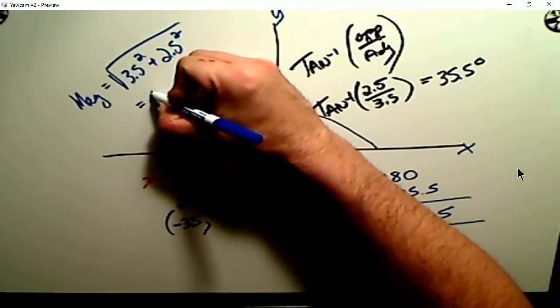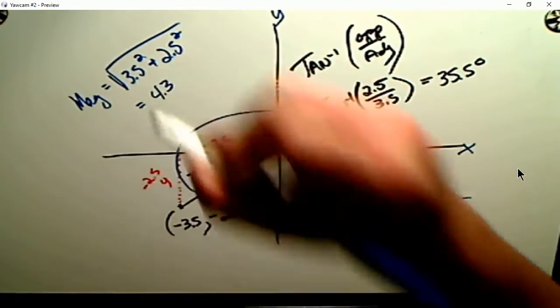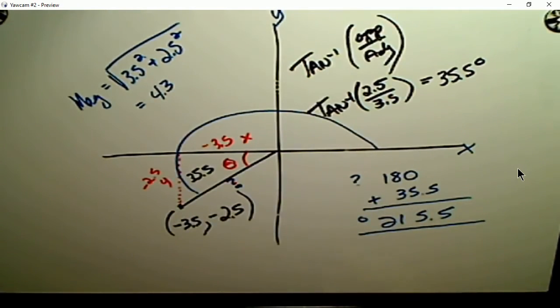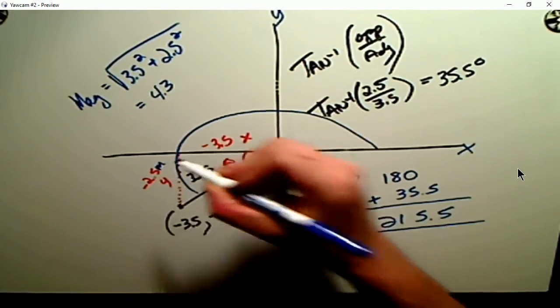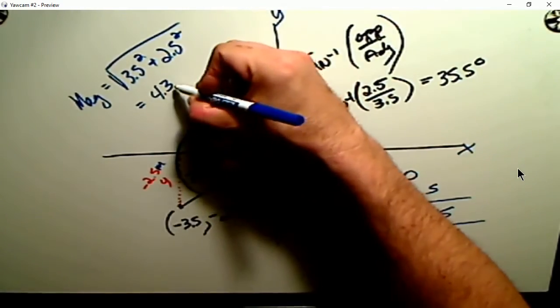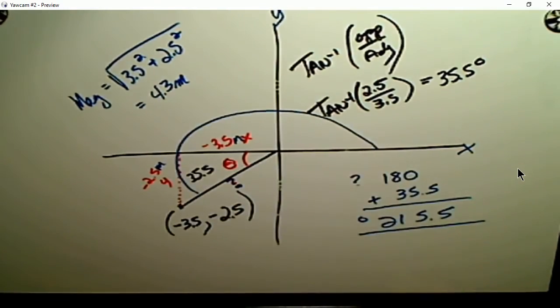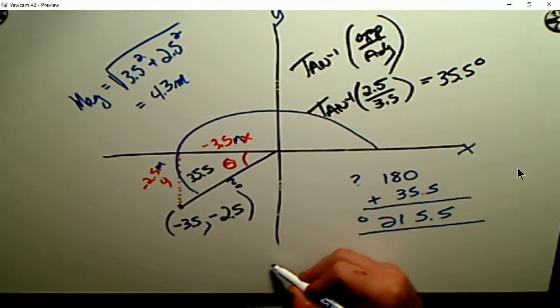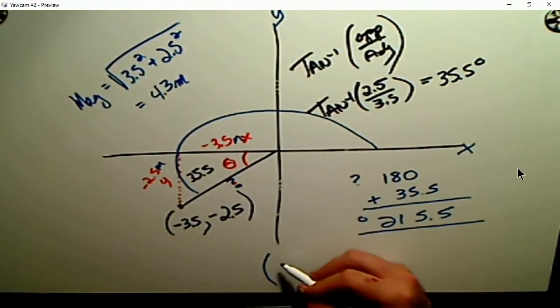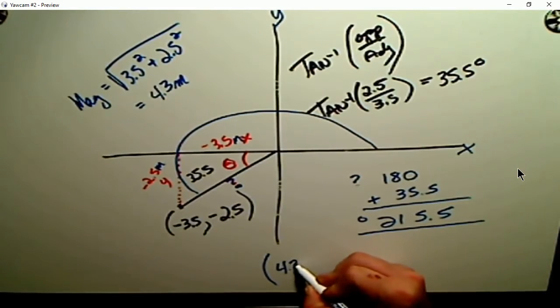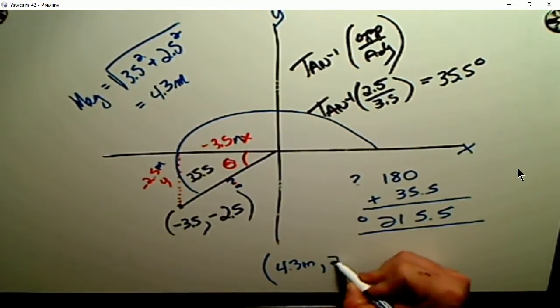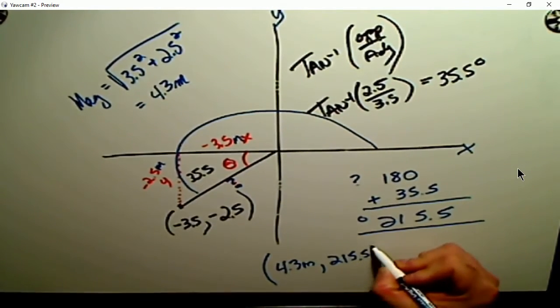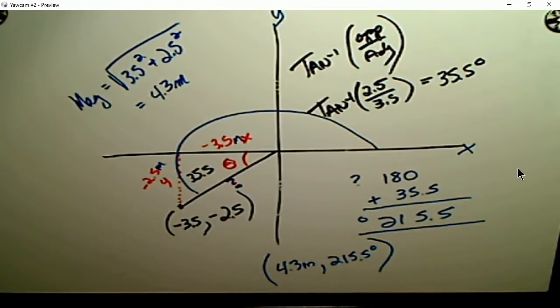You should be getting 4.3. If this is meters, then of course your answer is in meters. So to describe this fully in polar coordinates, it's 4.3 meters, 215.5 degrees.